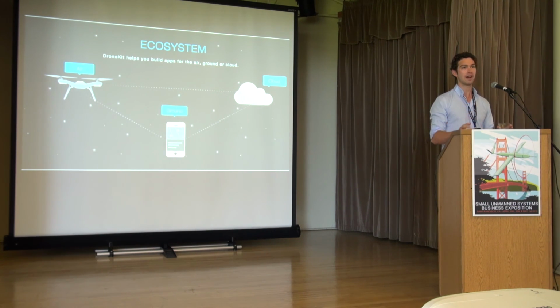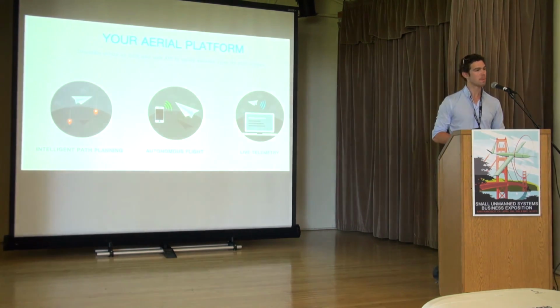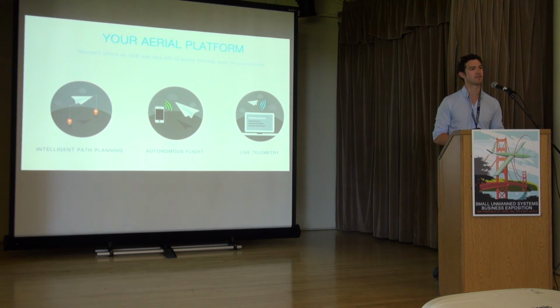You can do it on the ground, which is basically something that runs on either an Android or an iOS device, or you can do it in the cloud. So you can pull the drone data directly to the cloud. And there's a ton of fun projects people are doing with this right now. There's a ton of big people in the development community who are coming out with apps to control our vehicles.